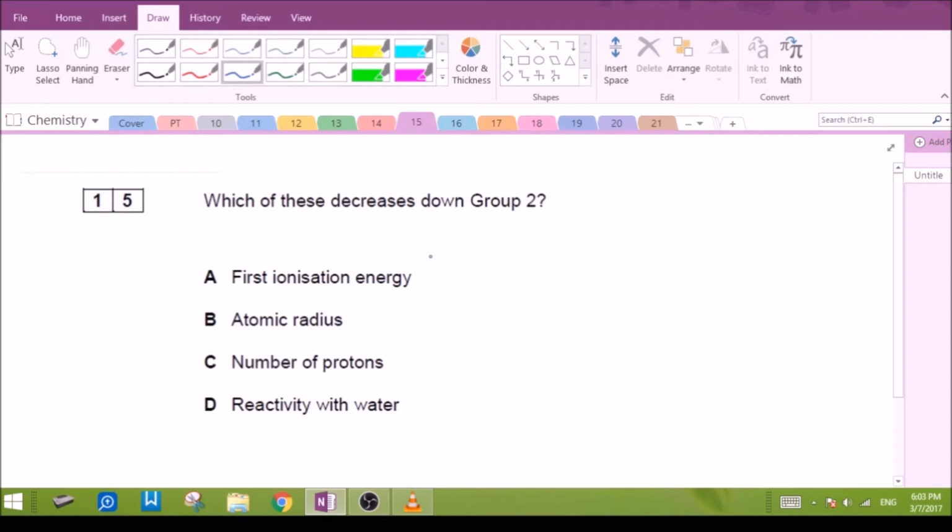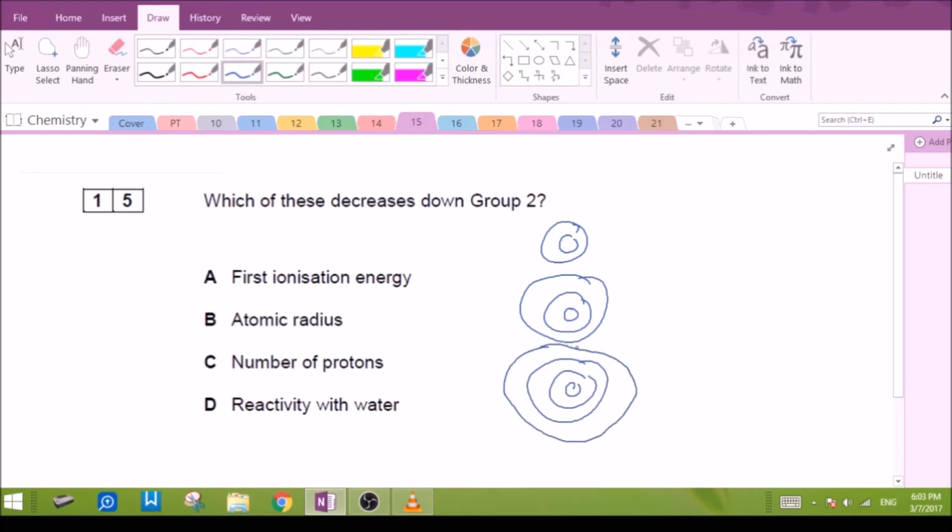Which of these decreases down group 2? Right, as we go down group 2, let's try to imagine the shells. Focusing only on the outer shell, we have 2 electrons on the outer shell. As we go down group 2, the electron is further away from the nucleus.